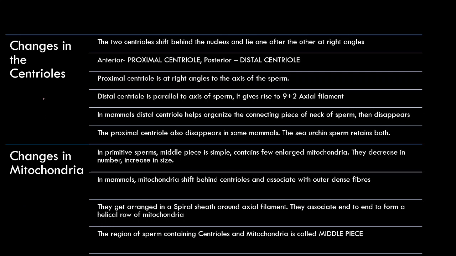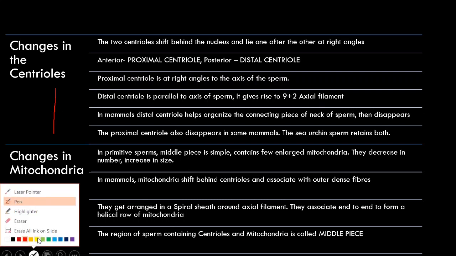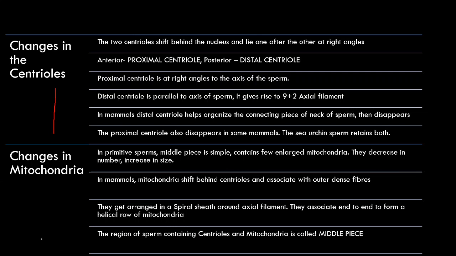So, if I have to show it by drawing the diagram, suppose this is the axis of the sperm. If we look at the proximal centriole, it will be present at right angles to the axis of the sperm.